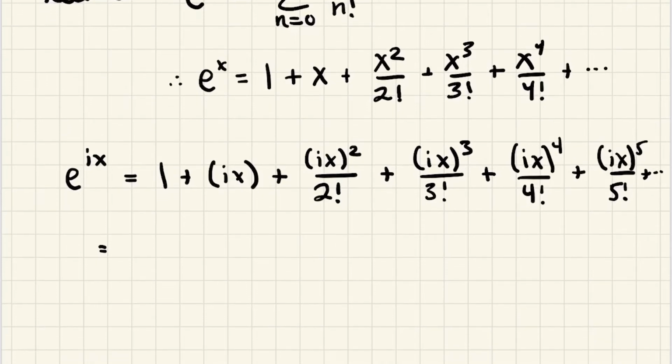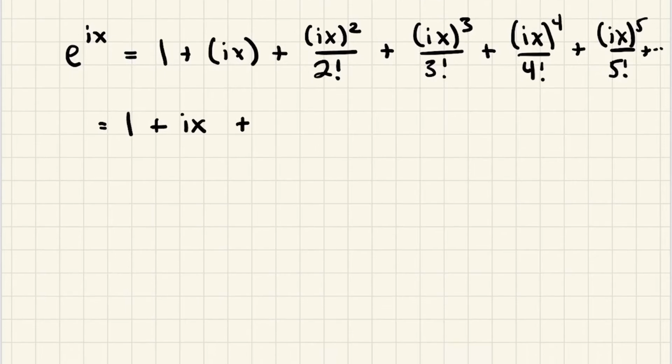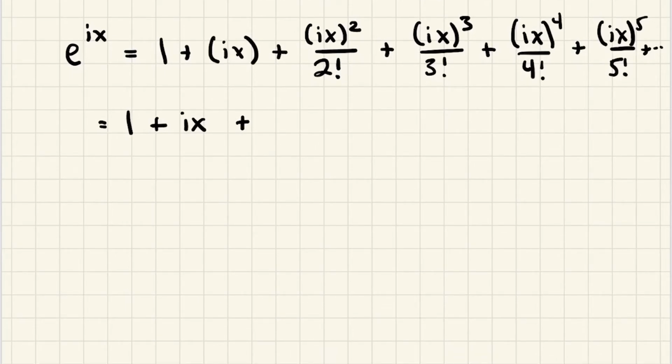So each term reduces a little bit. We have 1 plus ix plus i squared x squared over 2 factorial. Well, i squared is negative 1, so we can actually just write this as negative x squared over 2 factorial. i cubed is i squared times i, which is negative i.